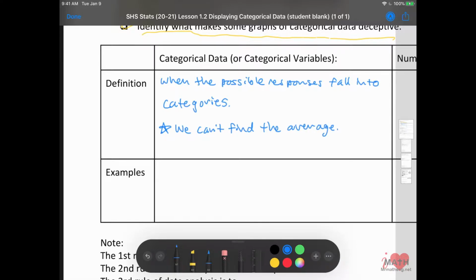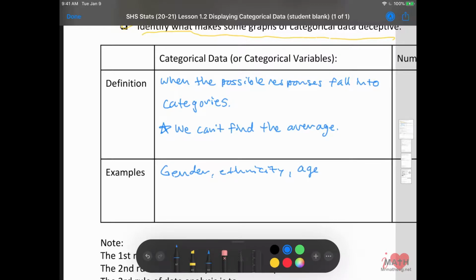What are some examples of categorical data? They might ask you on a survey, or you're filling out your college applications, what is your gender? You can do ethnicity, might be your age range.